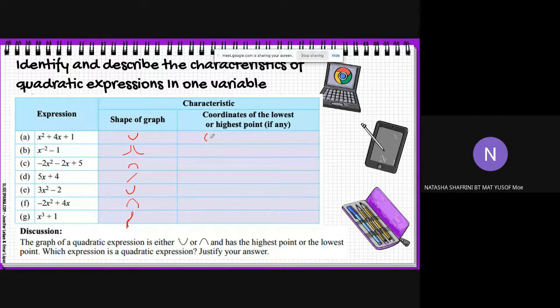Coordinates of point dia. -2, -3. Okay, yang ini tak ada. -3. Okay, ni tak ada. Yang ini. Coordinates of point boleh share?